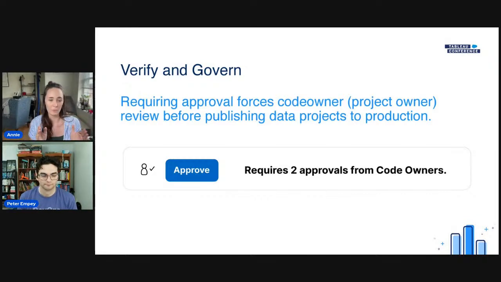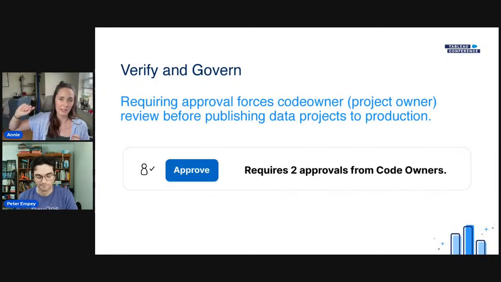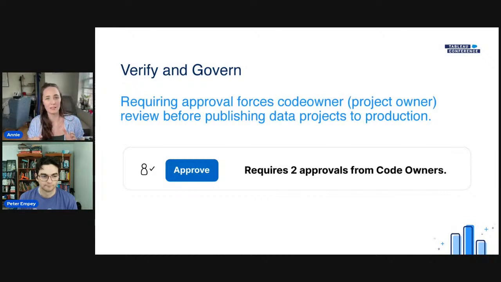So right now, Peter, and you guys can ask questions about this if you want, Peter's working on having it automatically published to production once it has those reviews. But right now, I'm an admin, so theoretically I can do whatever I want, but normal developers who are not admins cannot even publish things to production. So an admin will not publish your dashboard to production until you've gotten the necessary approvals of the project leaders.